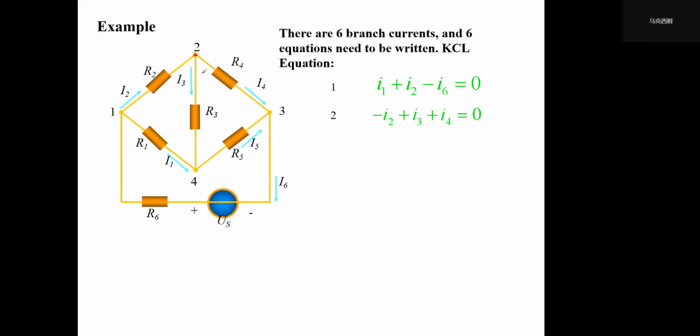I2 goes in, I4 and I3 go out, so we give I2 a negative sign. And for node 3, we have I4 goes in, I5 goes in, I6 goes out, so we give I6 a positive sign. And that's enough. We now know that the KCL equation count must equal 3, so there's no need to list the KCL equation at node 4.